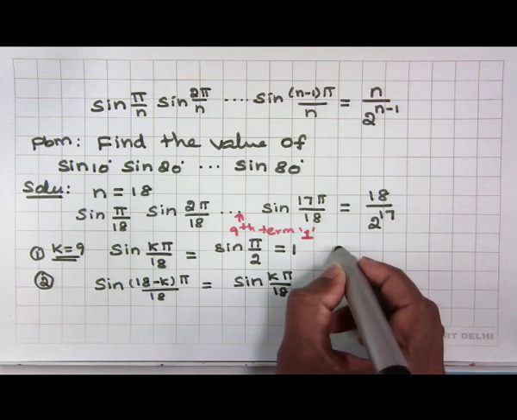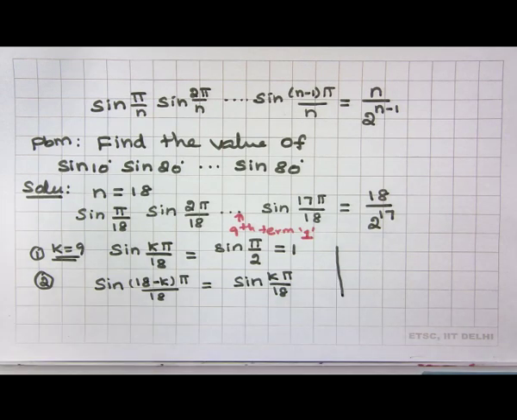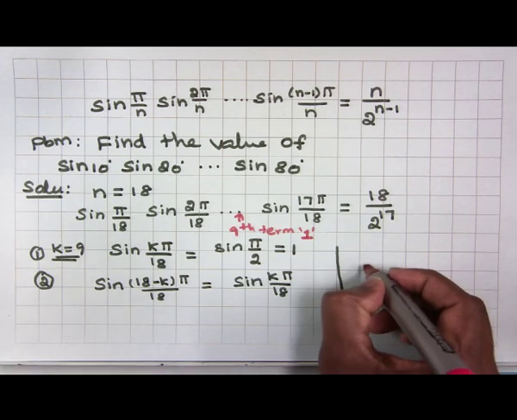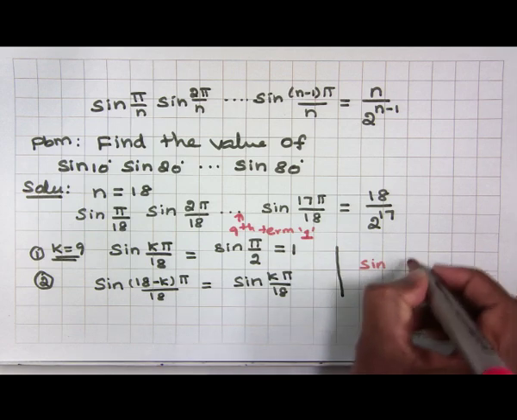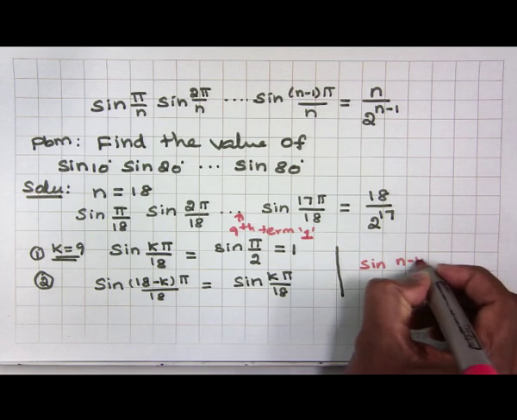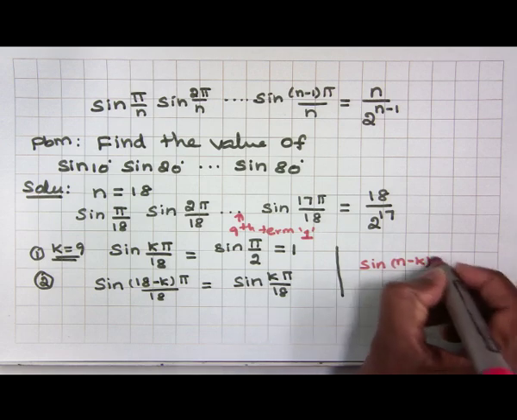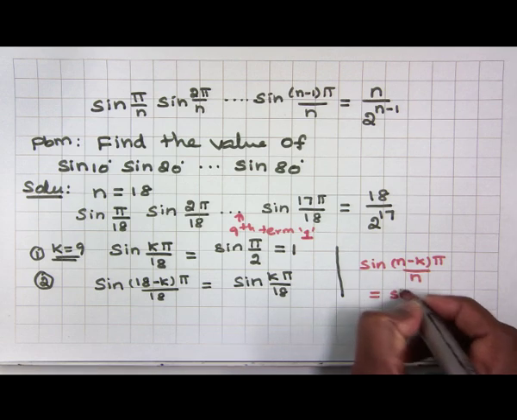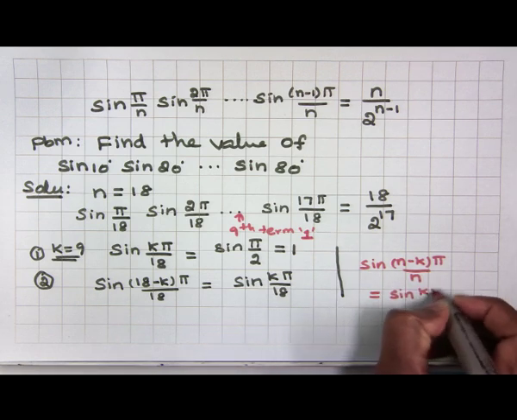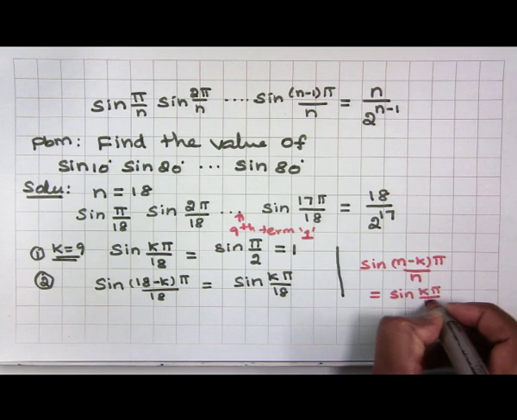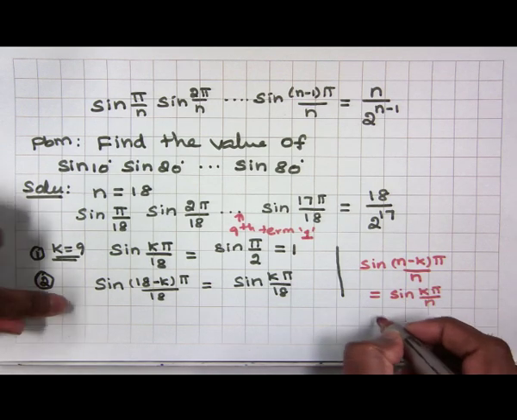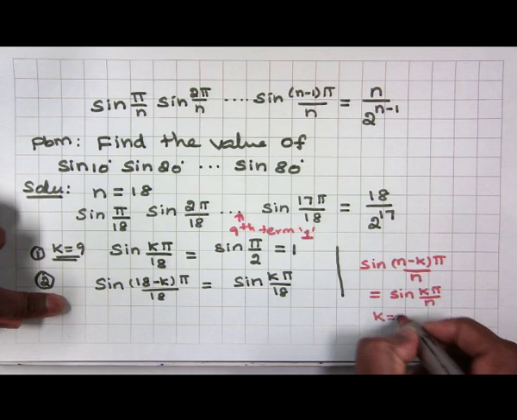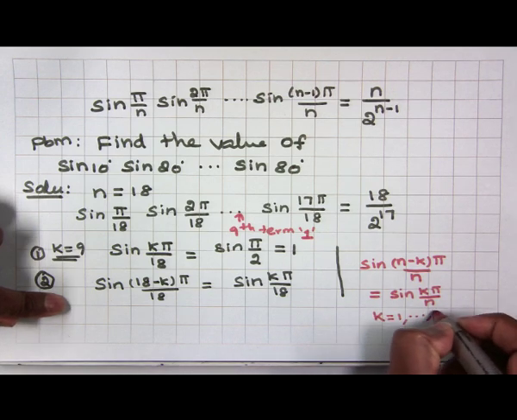In fact, you have a general observation, that sin (n minus k) pi by n is the same as sin k pi by n, for k from 1 to n.